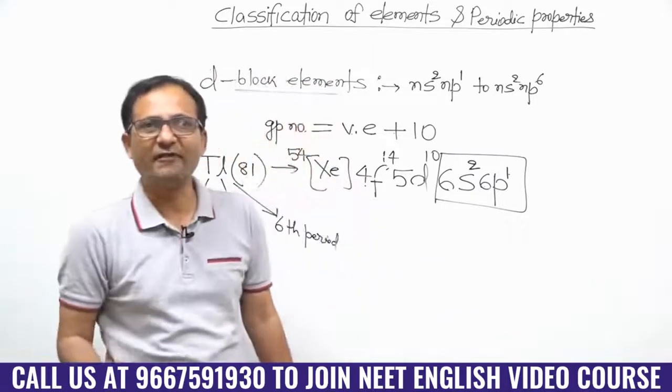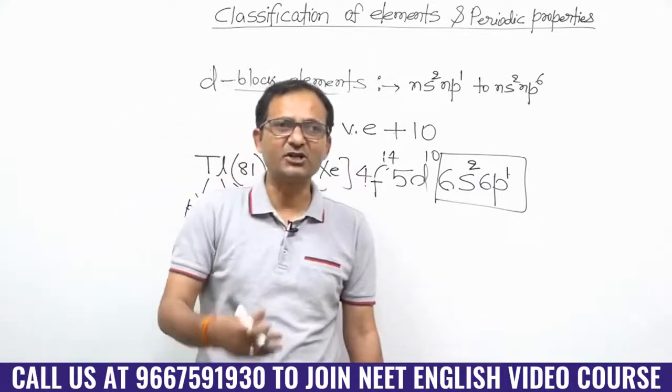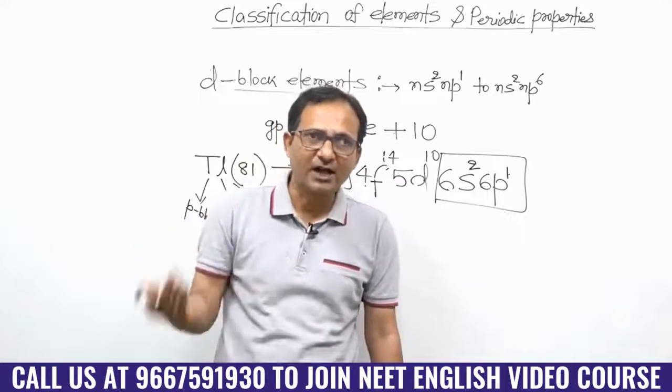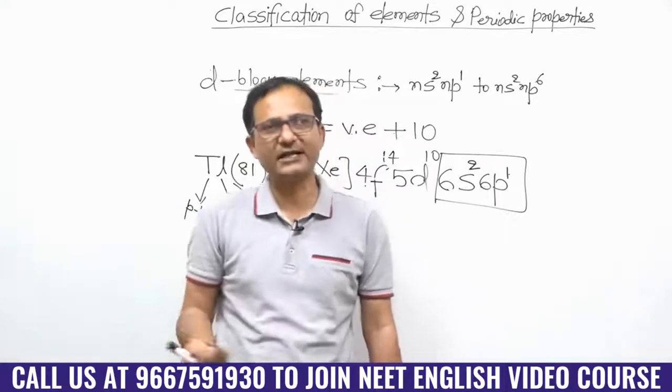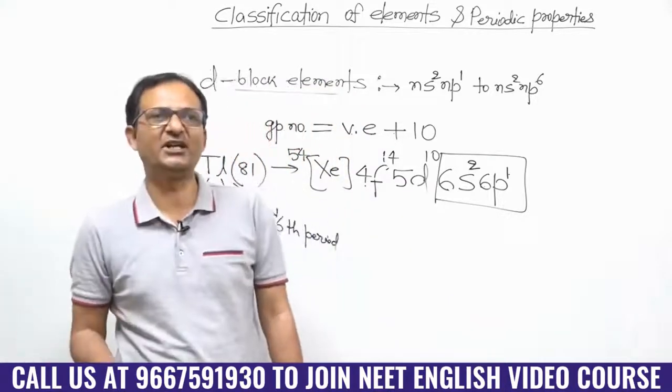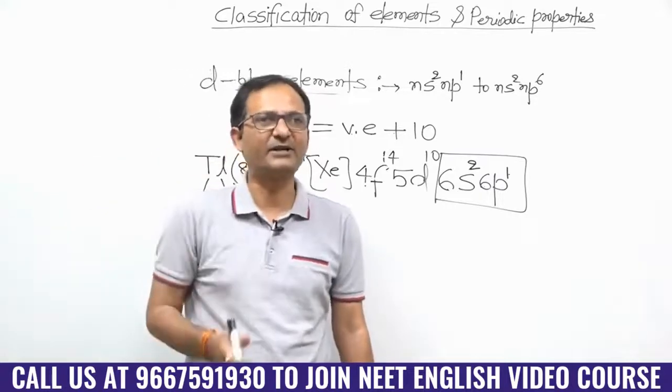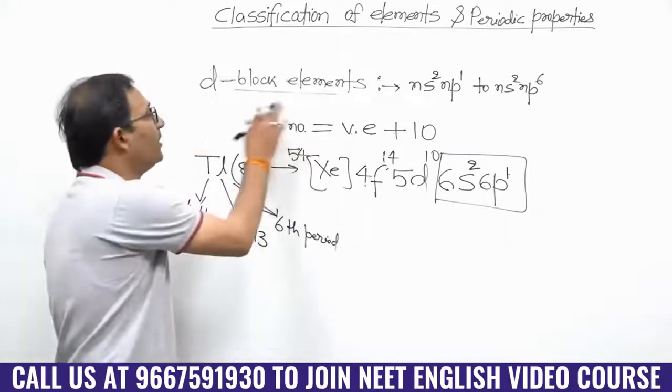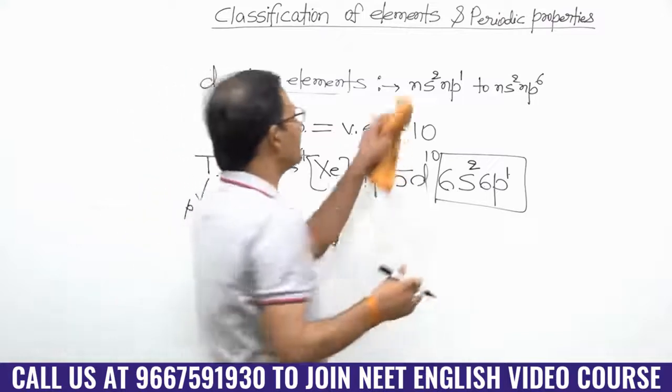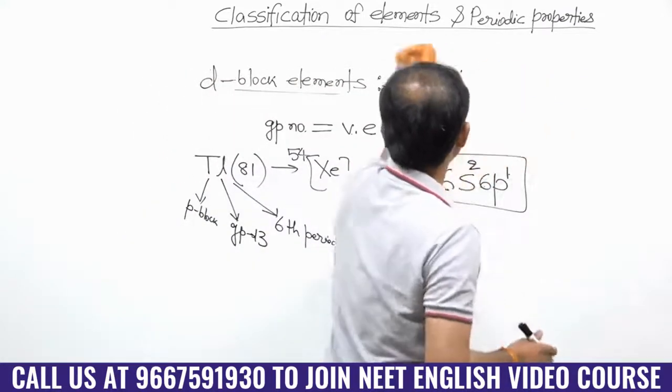Therefore we can define here those elements in which the last electron enters into d orbital of the penultimate shell are called d block elements, right?